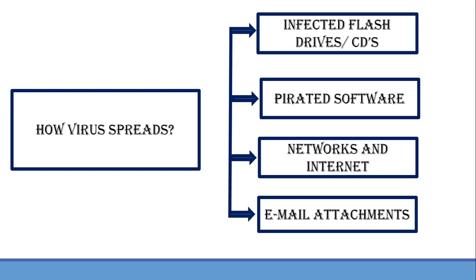If there is any infected computer in the network, exchanging files with such a system may infect your computer system. There is also a possibility that if we visit an infected website and download any file from it, then the virus may transfer into our computer system and may harm our files, programs, or the working of the system.